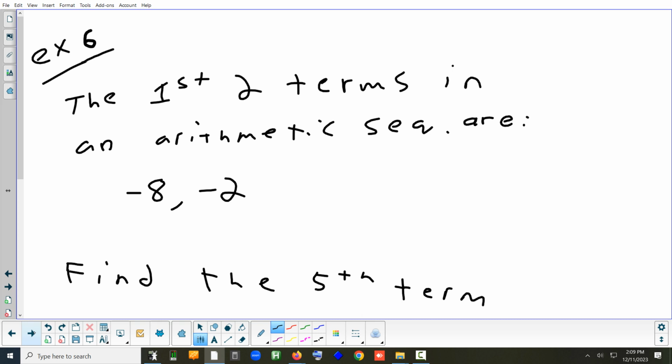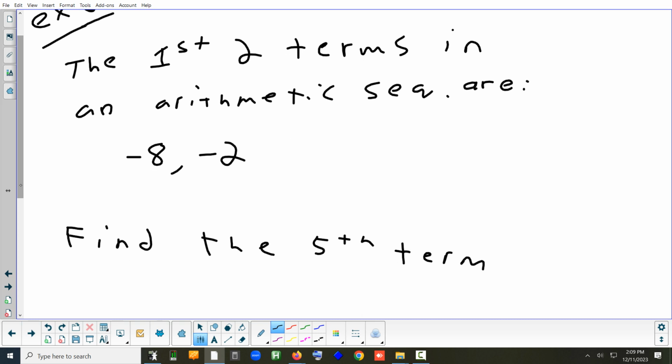All right. So let's try this one. The first 2 terms in an arithmetic sequence are -8 and -2. Let's see.